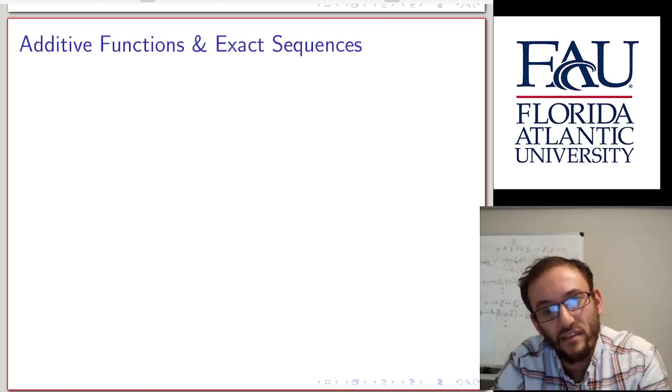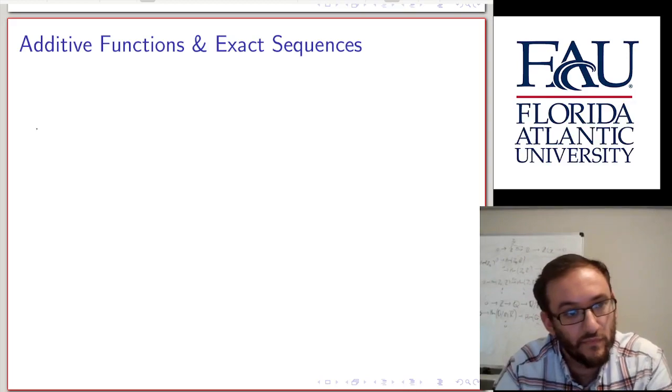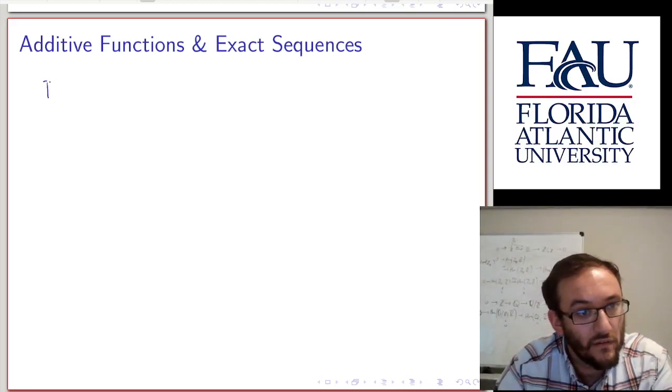Okay, now let's talk about additive functions on exact sequences. So we're going to define an additive function on modules.